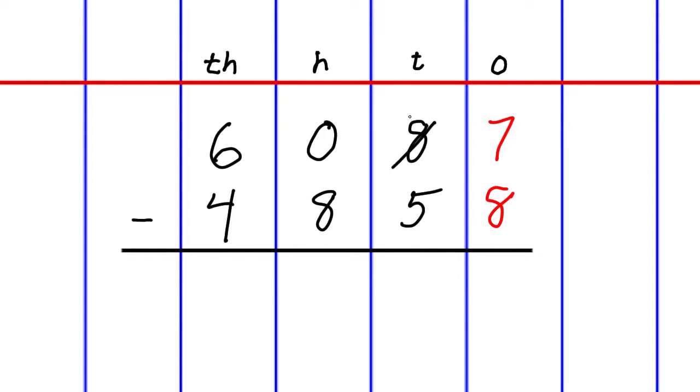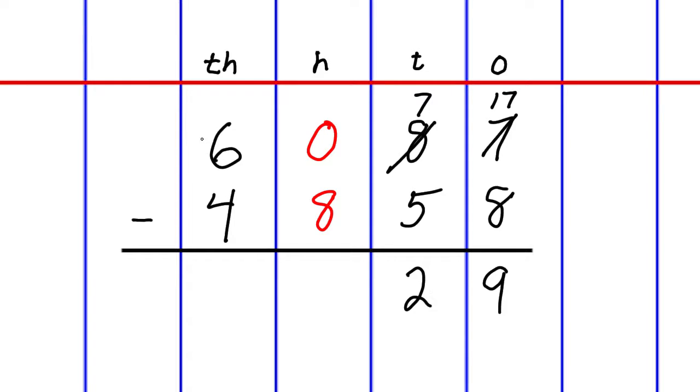Looking at the ones place first, do we have to regroup to take 8 from 7? Yes. So regroup the tens to 7 tens and 10 ones. Now because the 10 plus the 7 already there is 17, we can take 17 subtract 8, which equals 9. Is regrouping needed in the tens place? No. So subtract 5 tens from 7 tens, which is 2 tens. Is regrouping needed in the hundreds place? Yes.